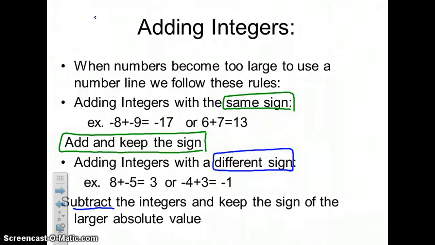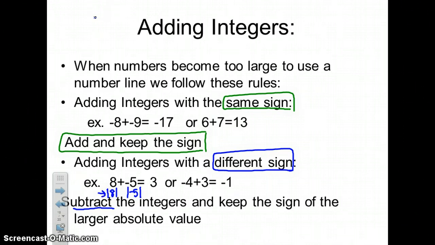Now, we talked about absolute value. Let's look at my examples here with 8 and -5. 8 is a positive number, 5 is a negative number. 1 is positive, 1 is negative, so they have different signs. We subtract the integers. 8 minus 5 is 3, and we keep the sign of the larger absolute value. If I was to take the absolute value of 8, that is 8, and the absolute value of -5 is 5, 8 is larger than 5.